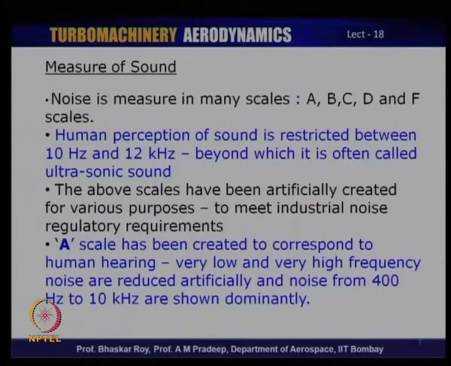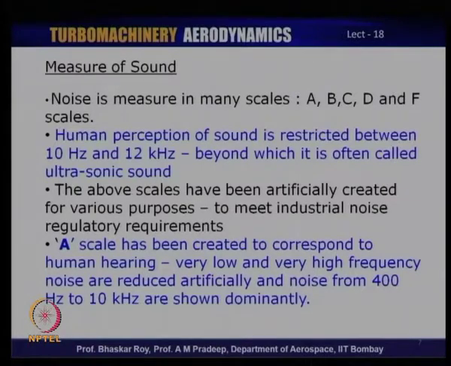Let us see what are the noises that are measured in various scales: A scale, B scale, C scale, D scale and F scale. Now, before we talk about the scales, the human perception of sound is restricted between 10 or more likely 100 hertz to about 12 kilohertz.